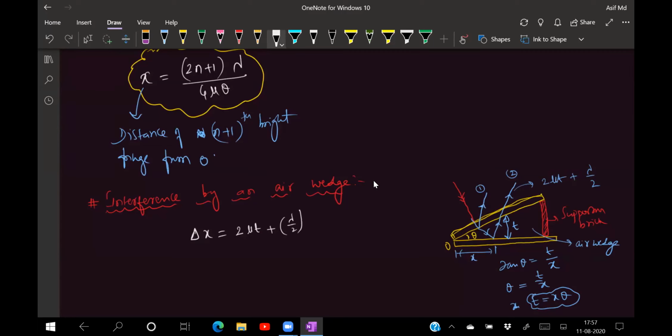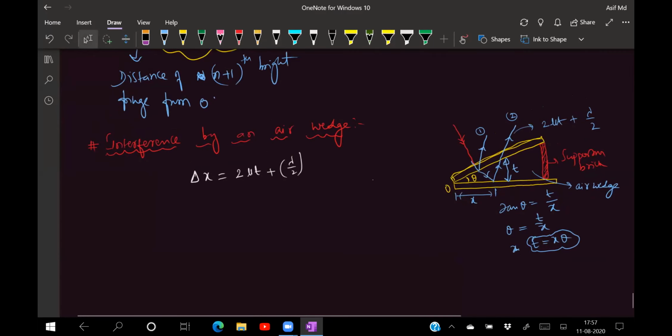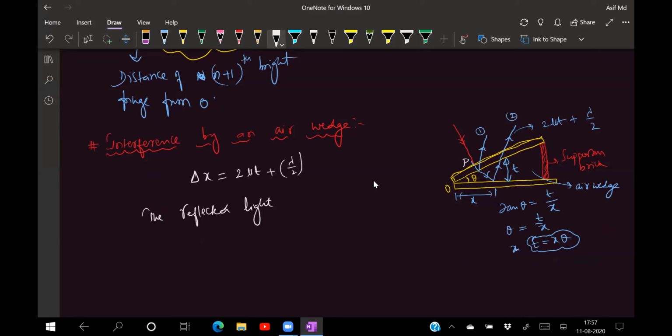So, the reflected light at point P is bright if delta x is equal to n lambda.